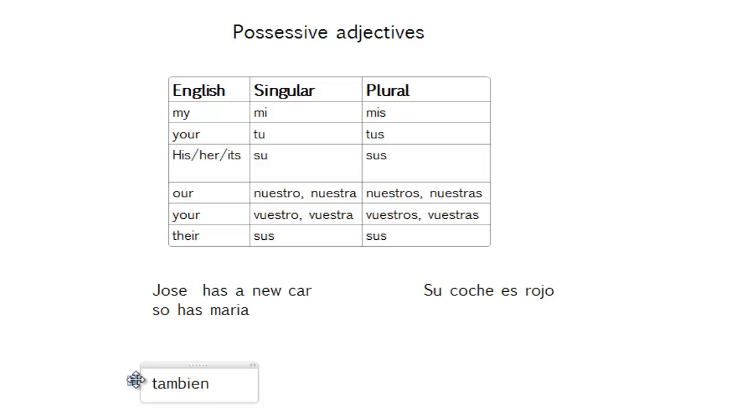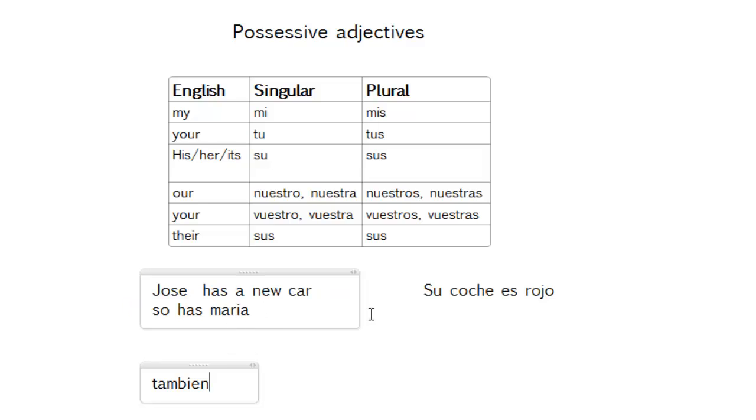It's as in a plus, also. Okay, so this would be Jose tiene un coche nuevo, también tiene María. Okay, también María tiene. The order doesn't really matter.